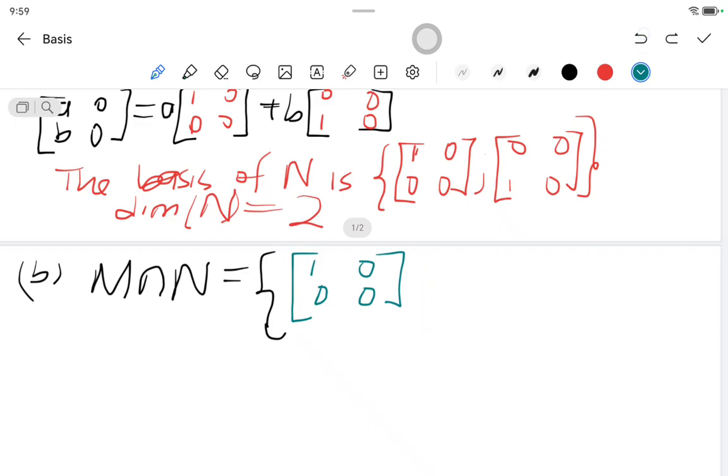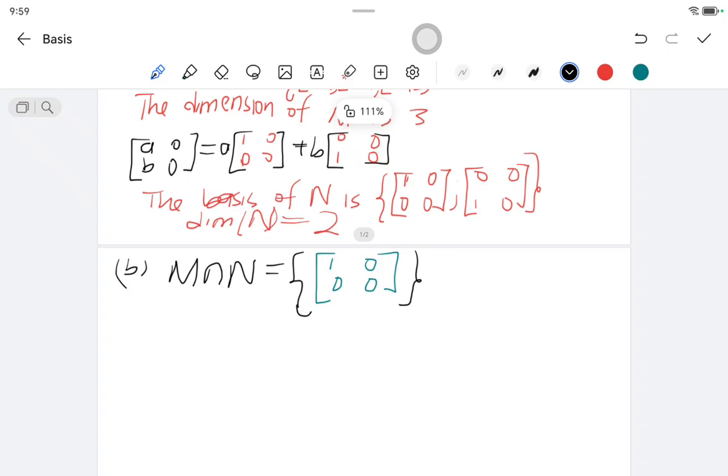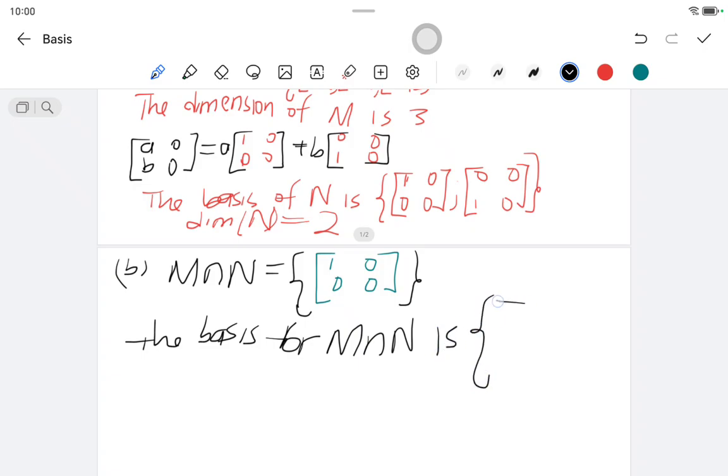They share this intersection. And then this is the basis. And then the basis for M and N is just that.